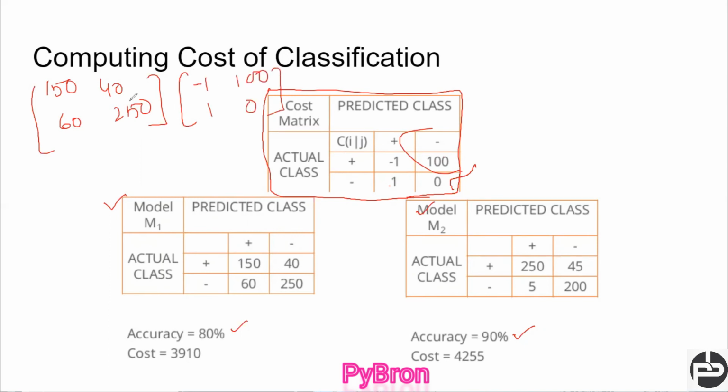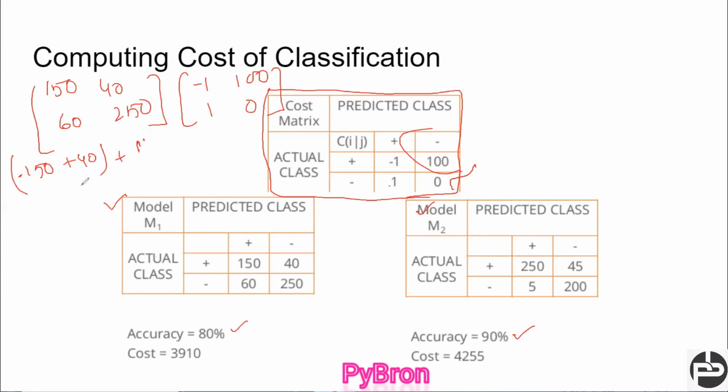Now if you multiply these two matrices, 150 into -1 will be -150 plus 40, right? And similarly plus 60 into 100. One minute, guys.